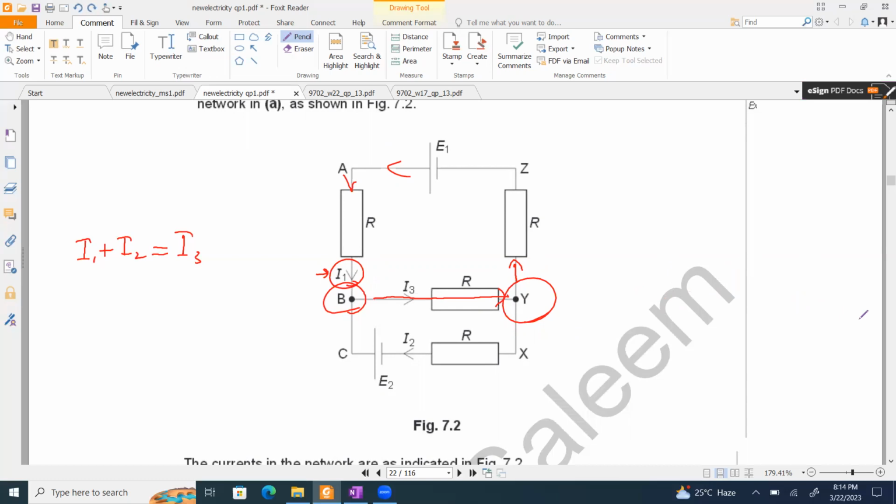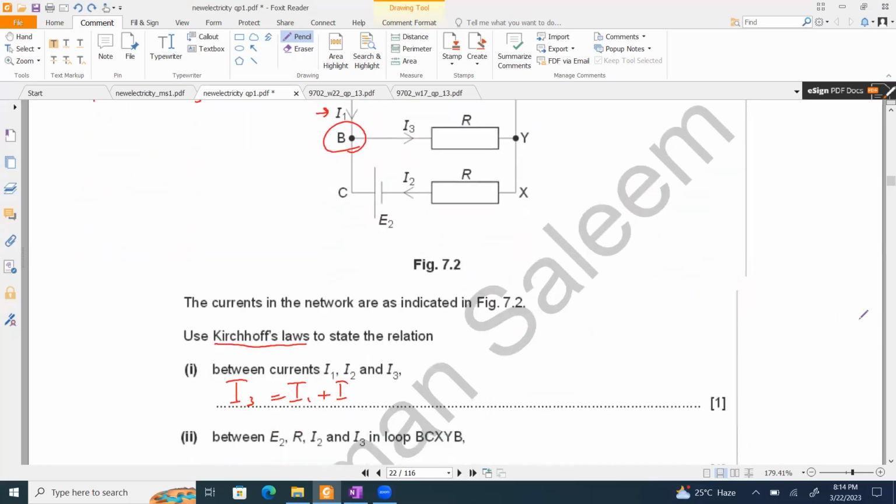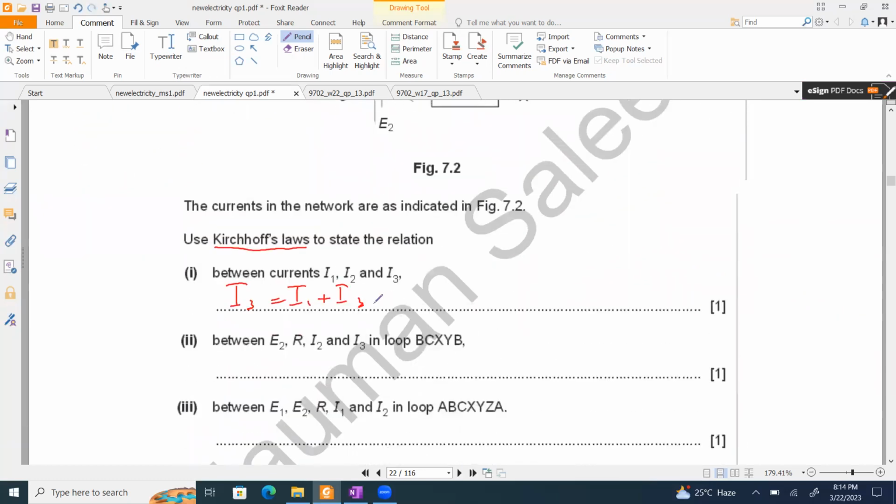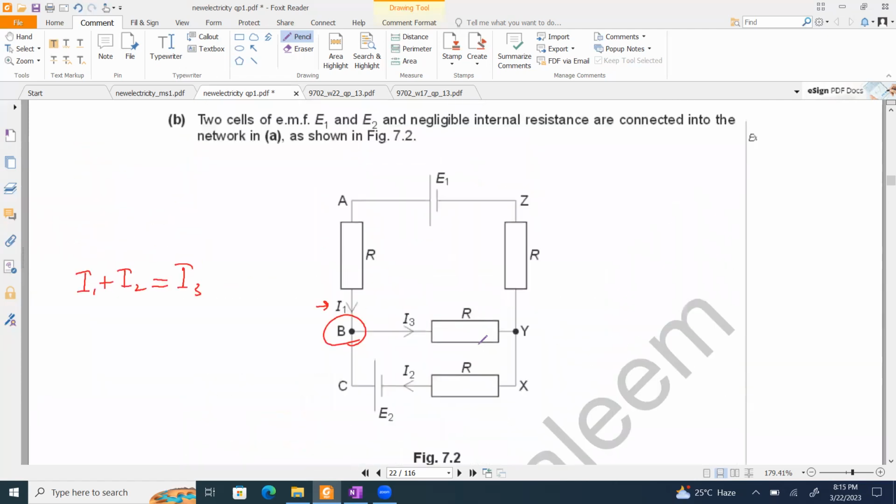Let's talk about the second part. The second part says between E2, R, I2, and I3 in the loop BCXYB. They have given us a hint: they told us to select the loop BCXYB.